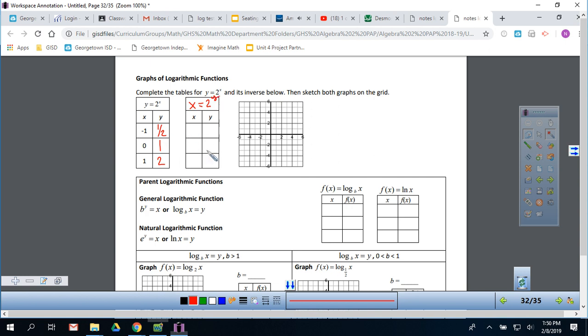Flipping them. So I don't need to go through and redo it. I know that if x is 1/2, my y is negative 1. If x is 1, my y is 0. If x is 2, my y is 1. I just need to flip my columns. Oh, you just switch them. Just flip them, yeah.